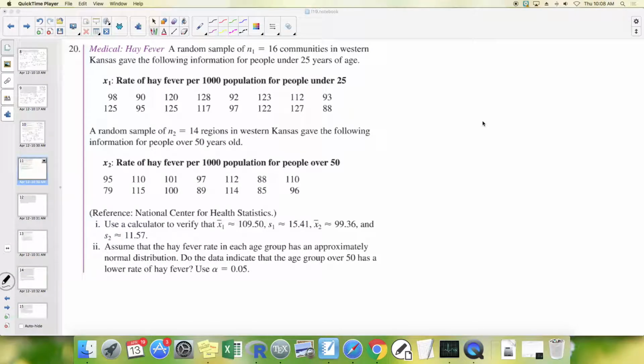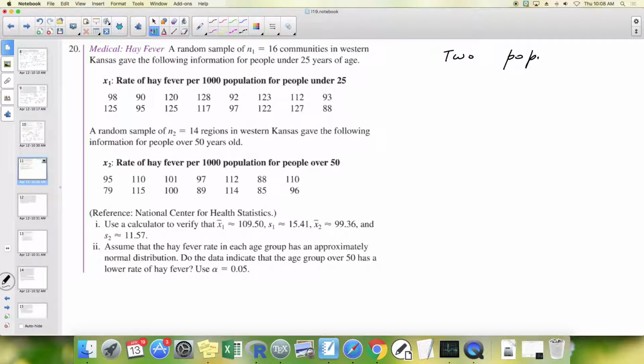Next problem. So once again, it's a two population problem. It's a means problem, and sigma 1, sigma 2 is not given.